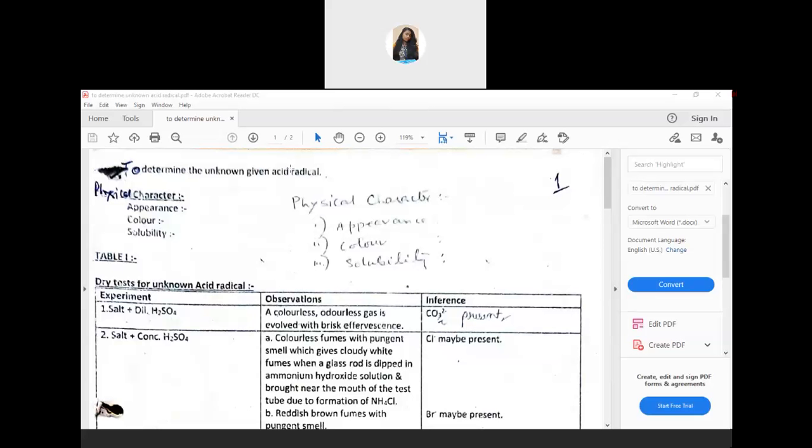Whether it is crystalline or amorphous, you have to write this down. And you have to write down the solubility, in which solvent the salt is dissolving.